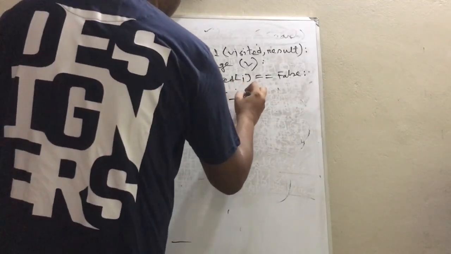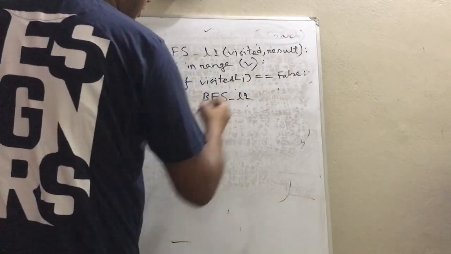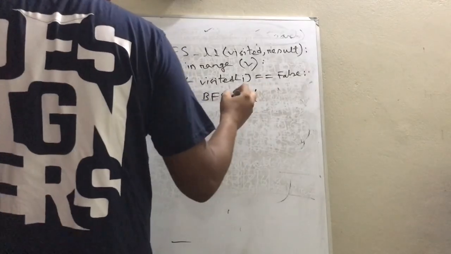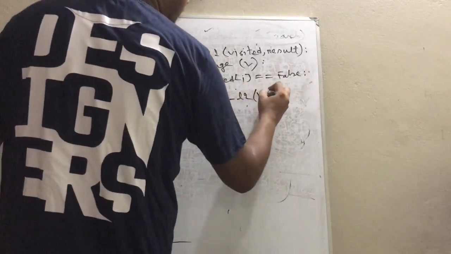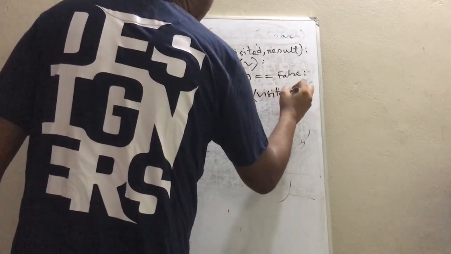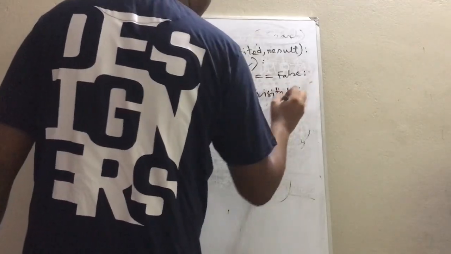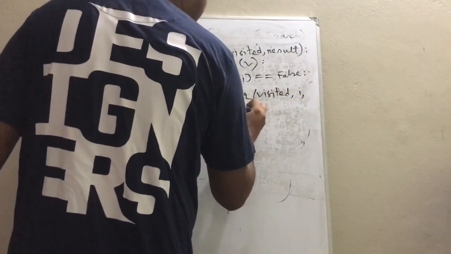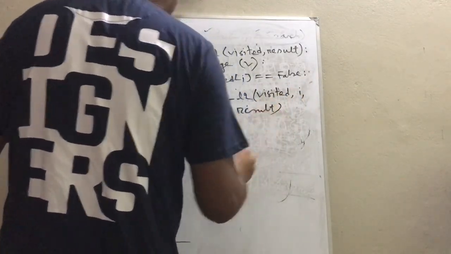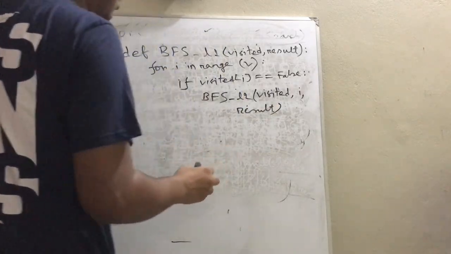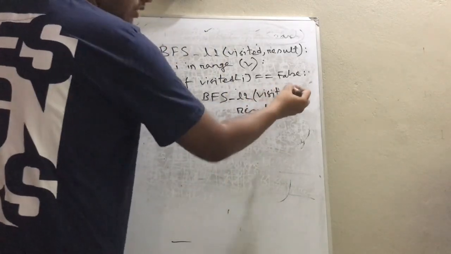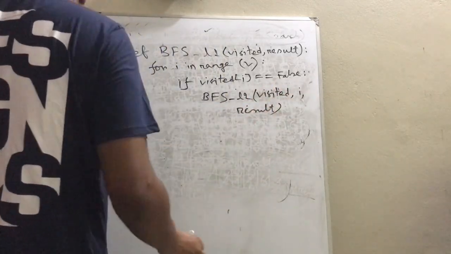This is the actual BFS algorithm, with adjacency list, visited. Here i acts as a source and this is the result. We pass these values because they will get changed.